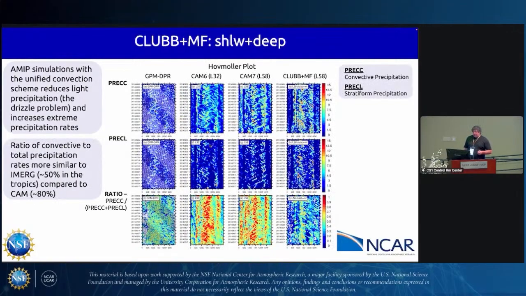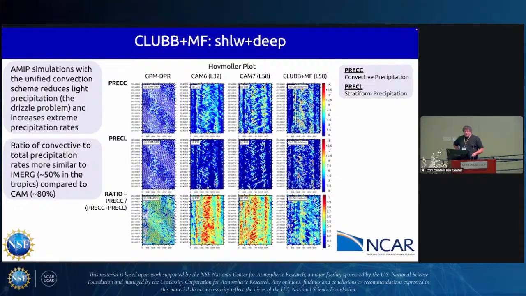Another look at convection in the tropics in the simulations. These are Hovmöller plots. The left column is this GPM DPR data set that's not globally continuous, so there are extrapolated values under the regions where it's shaded. The top row is the convective precipitation rate. The middle row is the stratiform precipitation rate. GPM DPR actually has these components broken down using this bright band proxy for what they consider stratiform rain in the observations.